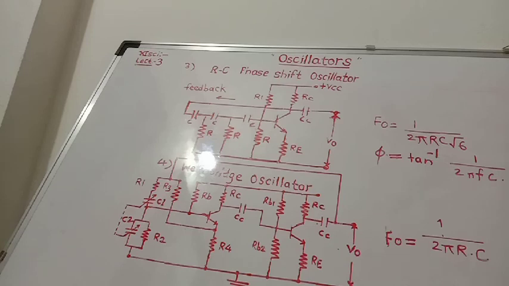Therefore the frequency can be varied using these two capacitors C1 and C2. Okay, so we will stop here.